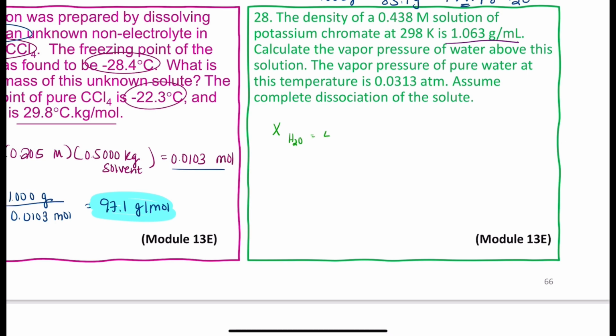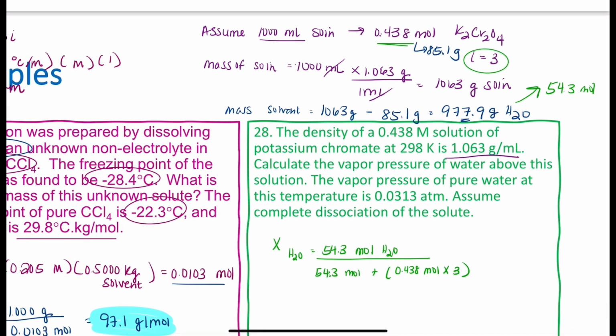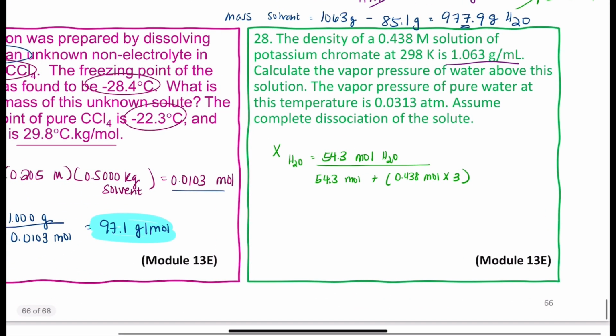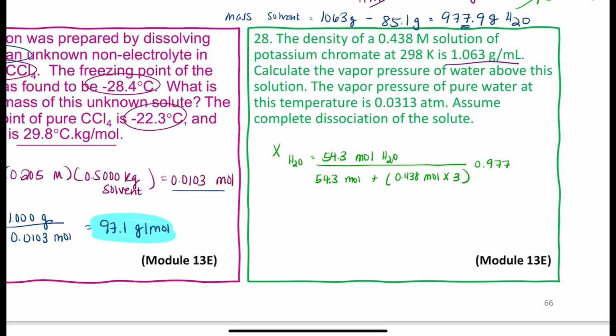My mole fraction of water is 54.3 moles of water divided by 54.3 moles of water plus 0.438 moles, but I'm multiplying this by a value of 3 because my Van't Hoff factor has a value of 3. So I need to multiply those moles by that value because I have that many more particles. A mole is telling you how many particles you have. Mine didn't stay in one set of particles. Mine split up into multiple particles. This gives me a mole fraction of 0.977.